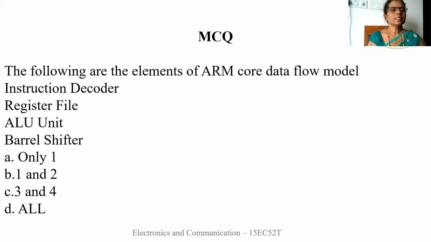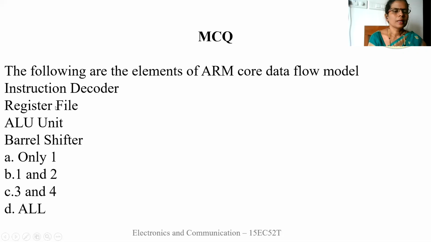The next question is, the following are the elements of ARM code data flow model. So you remember all the 8 elements of ARM code data flow model. Among 8 here, which one is correct? So instruction decoder, register file, ALU, barrel shifter. Is this instruction decoder there in ARM code data flow model diagram?